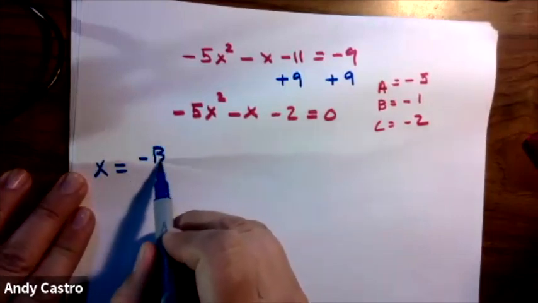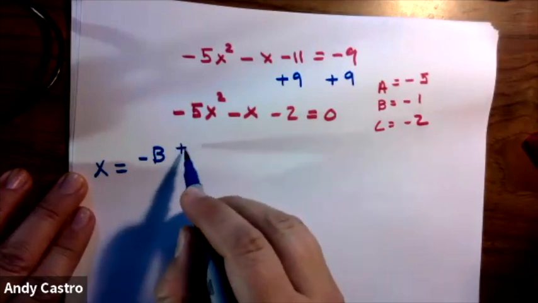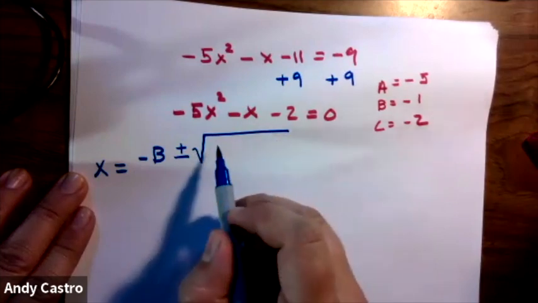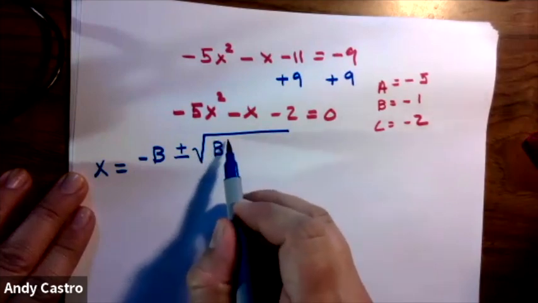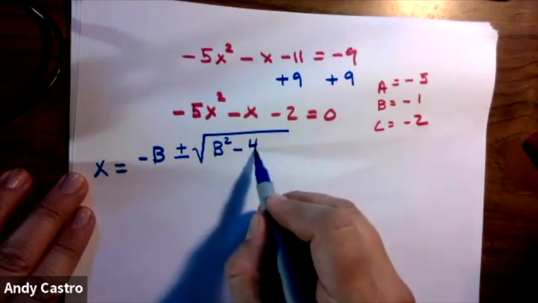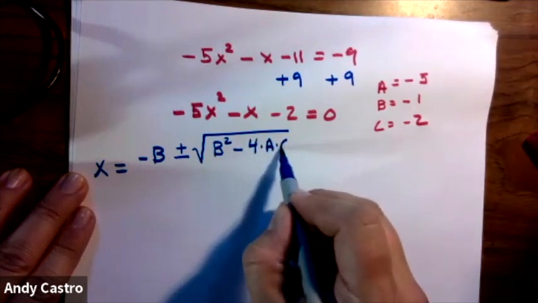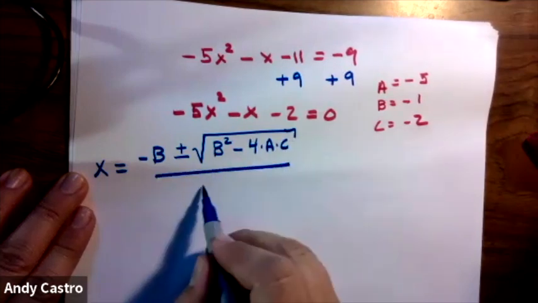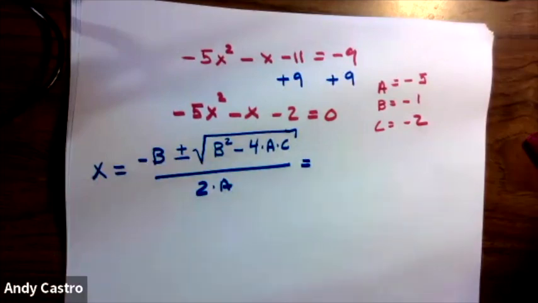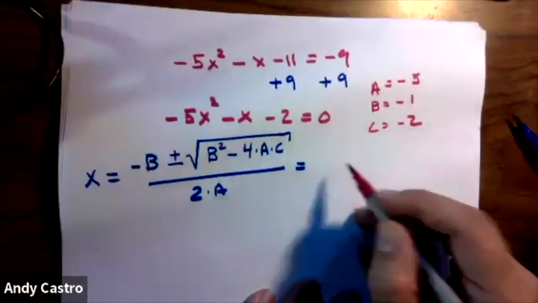the opposite of B plus or minus the square root of B squared minus 4 times A times C all over 2 times A. All right, so rather than filling in, I'm just going to switch colors altogether.